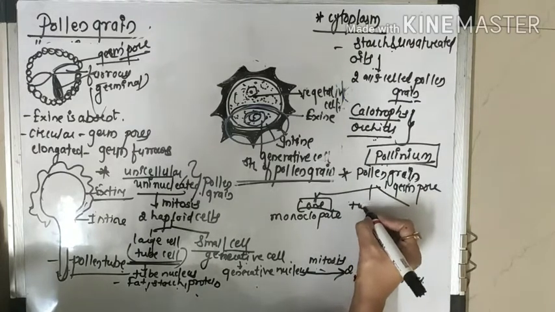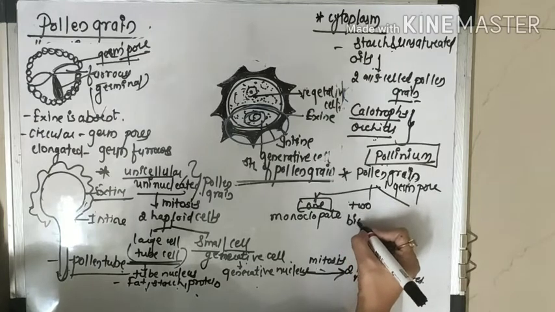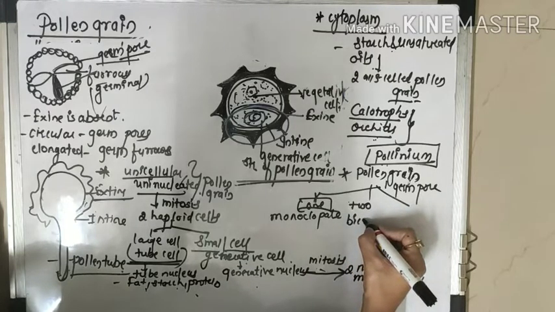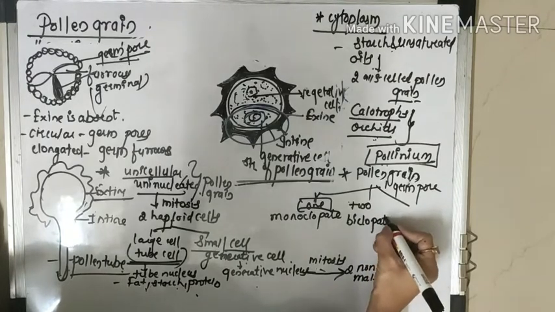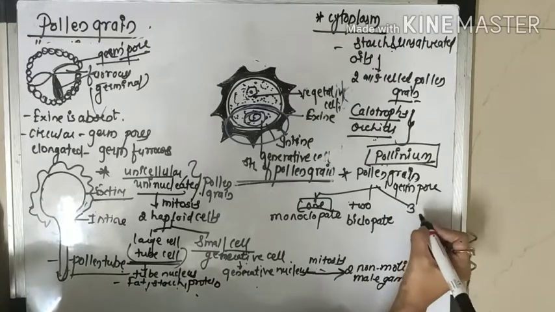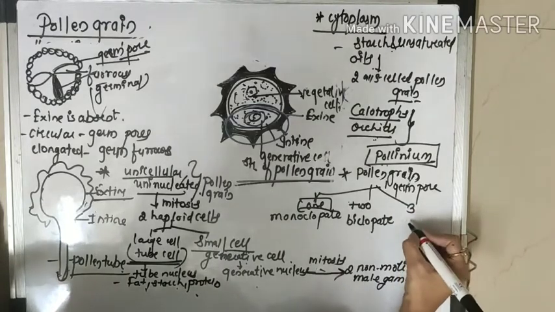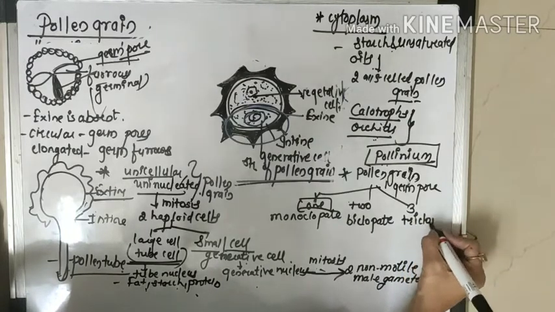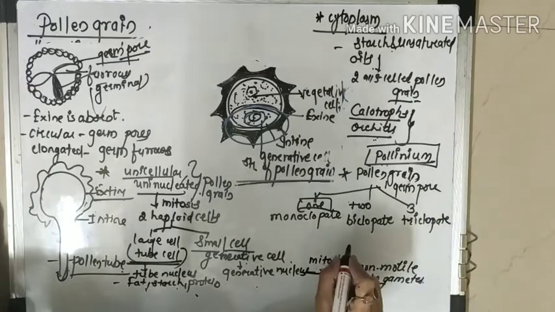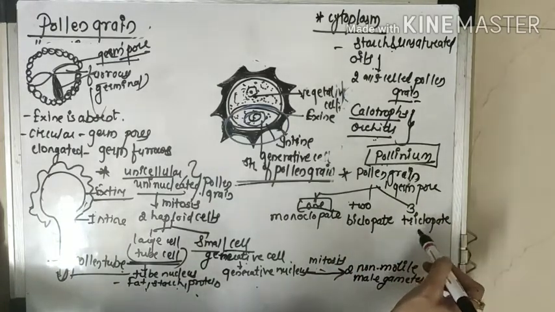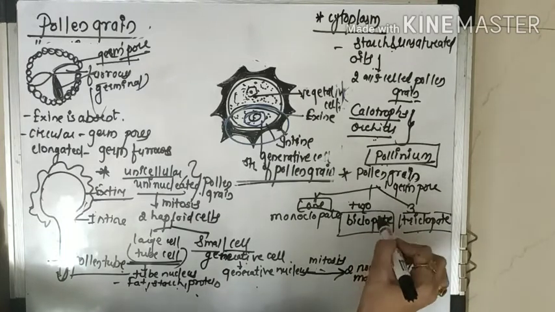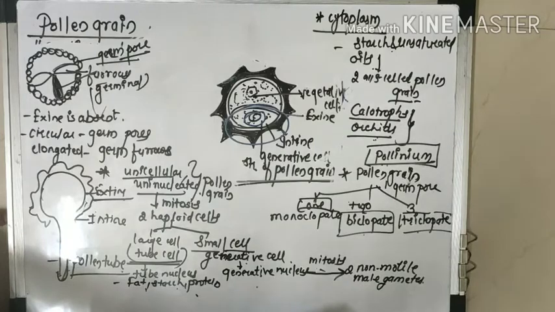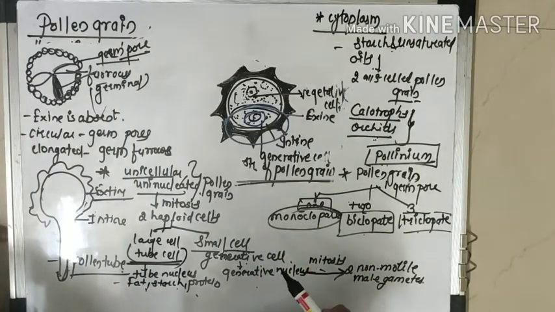If it has two, then it's called bicolpate. If germ pores are three, then it's called tricolpate. So three germ pores is tricolpate, two germ pores is bicolpate, and one germ pore is monocolpate.